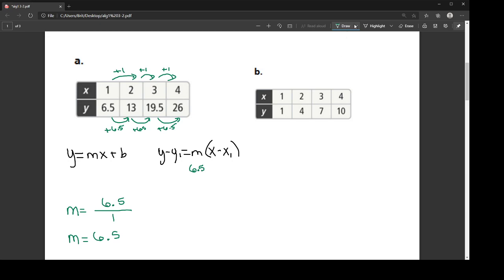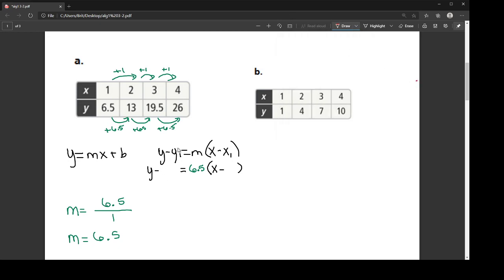Again, I'm solving this in a different way just for the sake of helping you guys see other methods. I can plug this slope into here and then do the same steps that I did last time, where I plugged in a point and solved for b. That's okay.